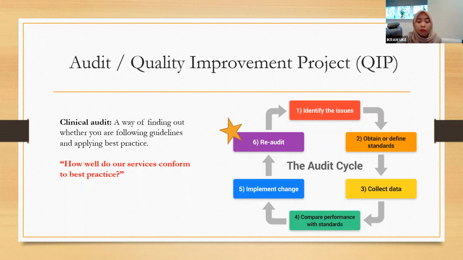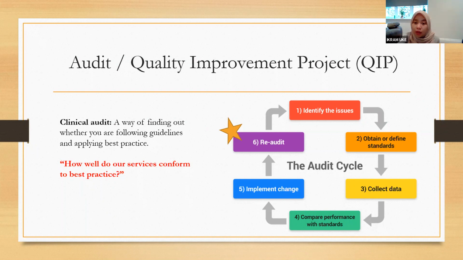And it's a way of you to, so if you're not familiar with the concept, this diagram's quite useful. Basically an audit is a way for you to find out whether your current practice actually adheres to what the standard is, whether something locally set, regionally or nationally set standard.